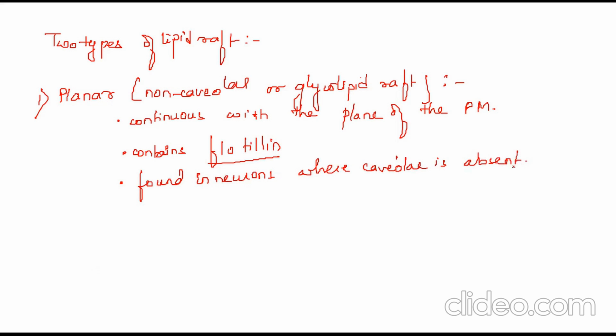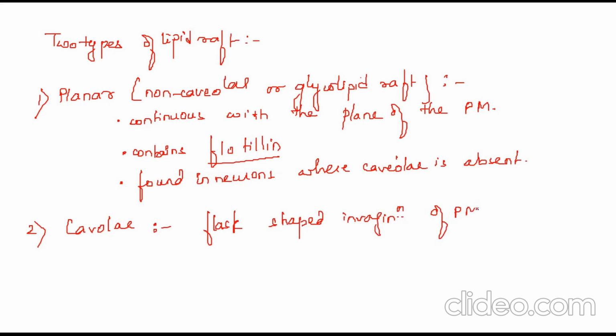But one thing is similar between the two types of lipid raft: the lipid composition is the same. What is the lipid composition? I already discussed, it is cholesterol and sphingolipid. We will revise once again. The second is caveolae. What is the characteristic? They are flask shaped invaginations of the plasma membrane, and caveolin proteins are present here.